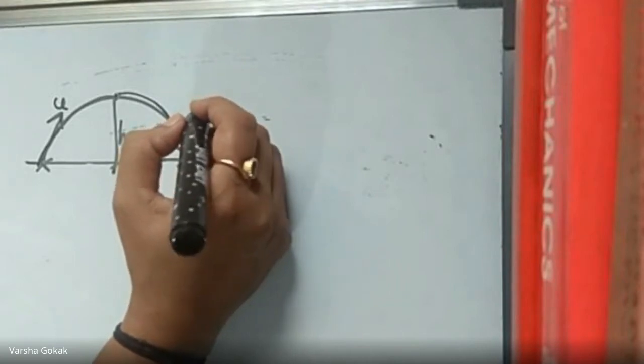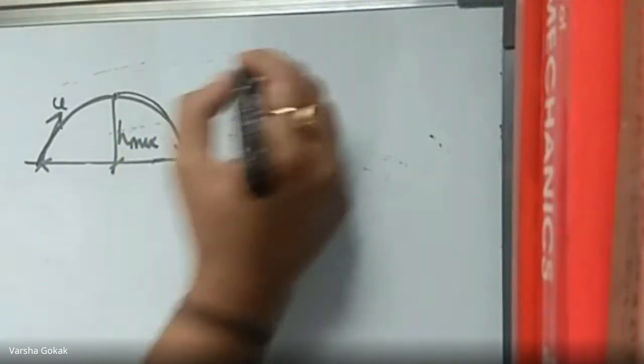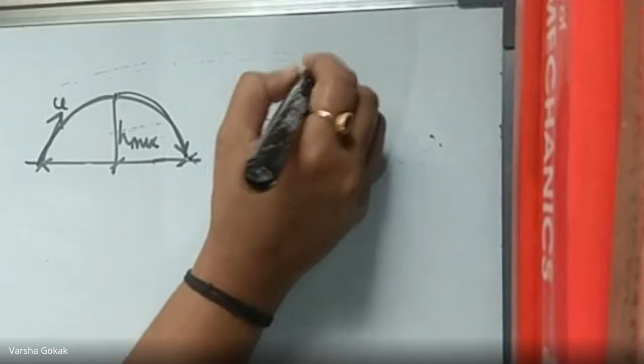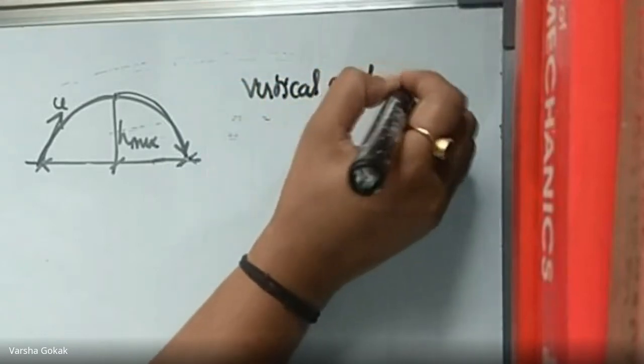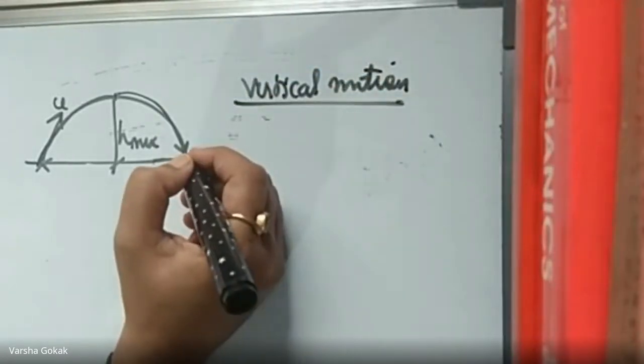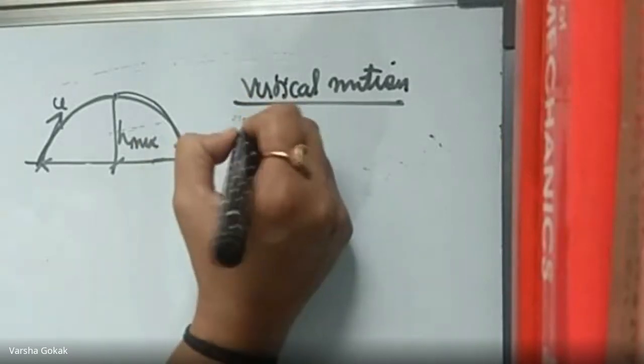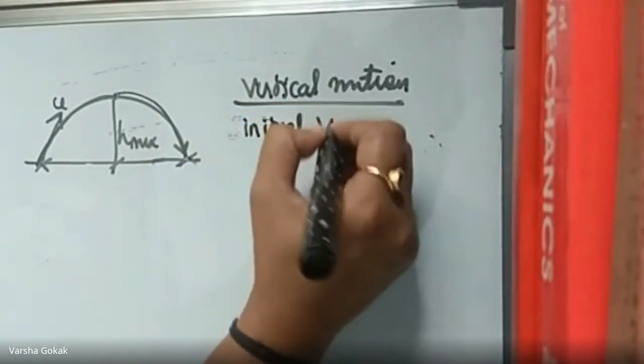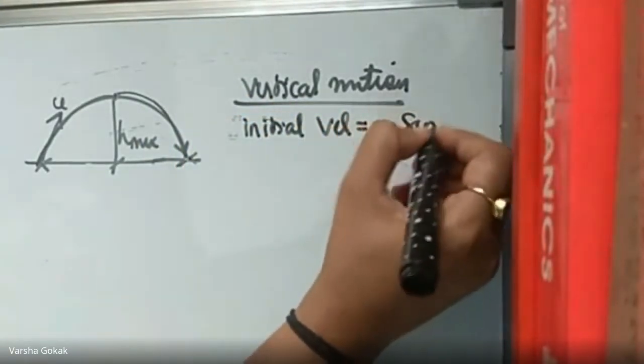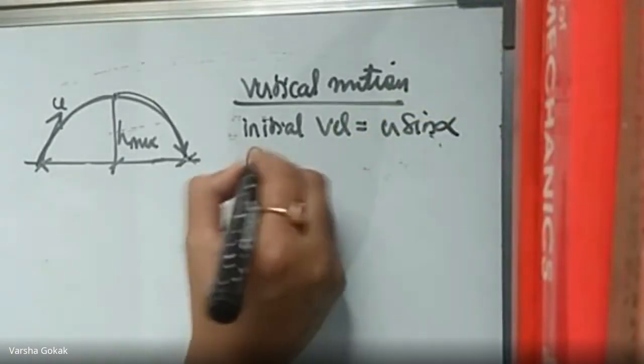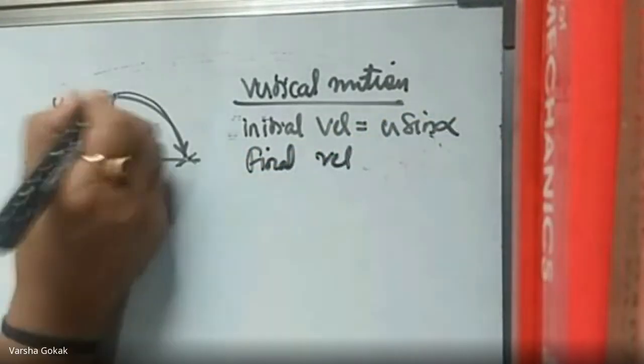So here in this case, when I'm considering vertical motion, we have initial velocity equal to u sine alpha. We are aware of that. And final velocity becomes what, at this maximum height?